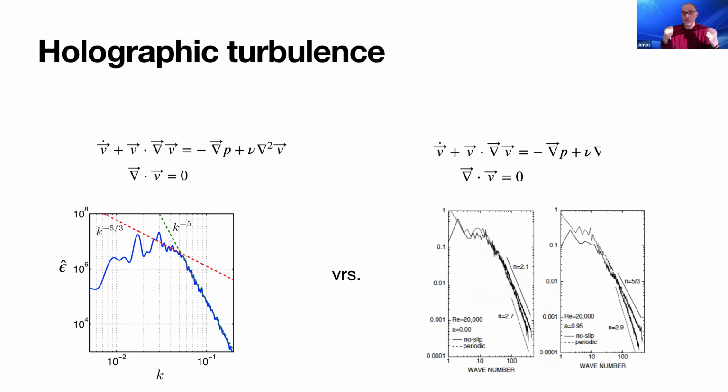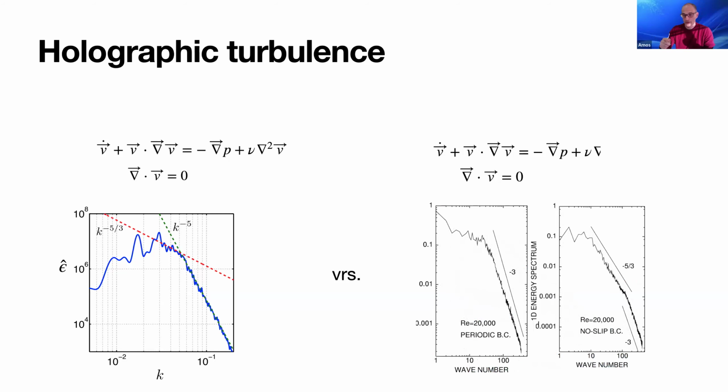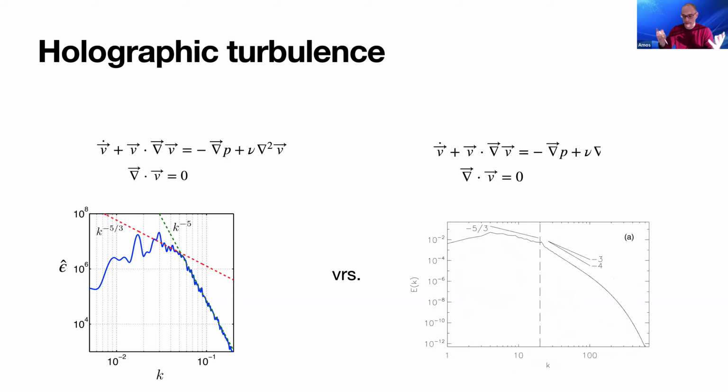You can also get the 5/3. It really depends on what sort of initial data you're putting in. When people study decaying turbulence, the idea is to put in initial conditions so you'll get the minus 5/3 law for a long enough time. But it's never going to be a steady state because you don't have any driving. So you can get different results, depending on your initial conditions.